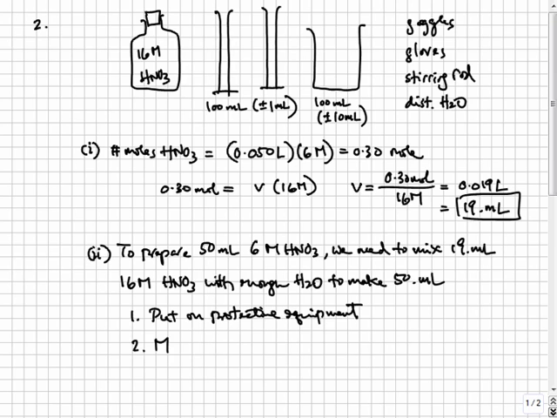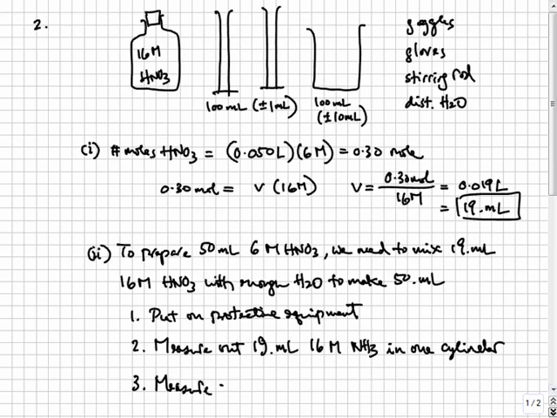Number 2, we will measure out 19 milliliters of 16 molar HNO3 in one graduated cylinder. Then we will measure out 31 milliliters of distilled water in another cylinder. The two volumes together will give me a total of 50 milliliters.